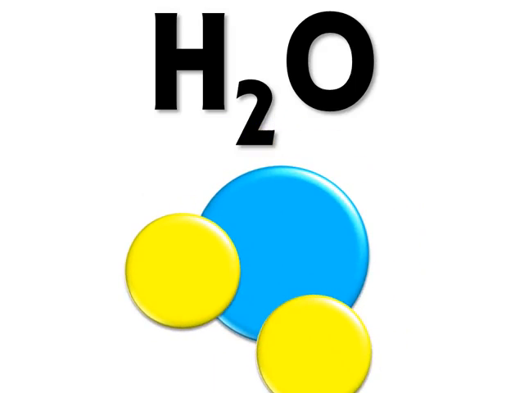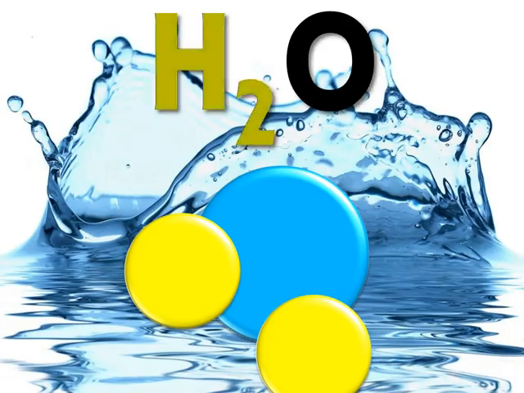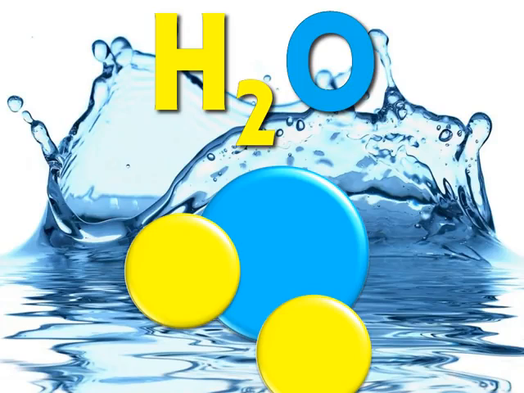This chemical compound is known as H2O, or we know that as water. Water is made up of two hydrogen atoms and one oxygen atom that have chemically combined. When this combination happens, a completely new substance is formed, a substance that we need and so do plants.